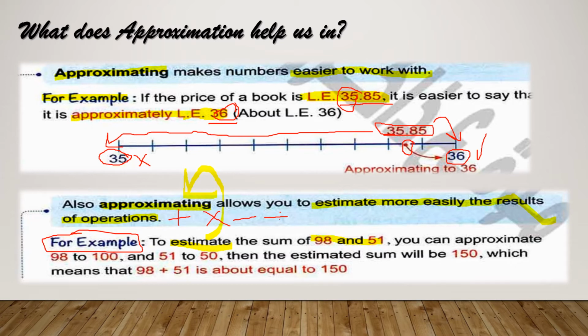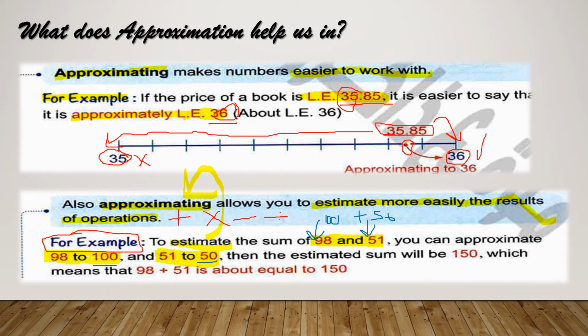For example, let's estimate the sum of 98 and 51. Estimating means rounding or approximating, so they all mean the same thing. We approximated 98 to 100 because 98 is very close to 100, and we know that 51 is very close to 50, so we approximated 51 to 50.